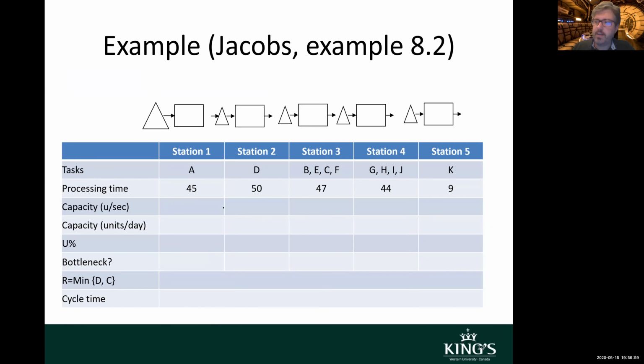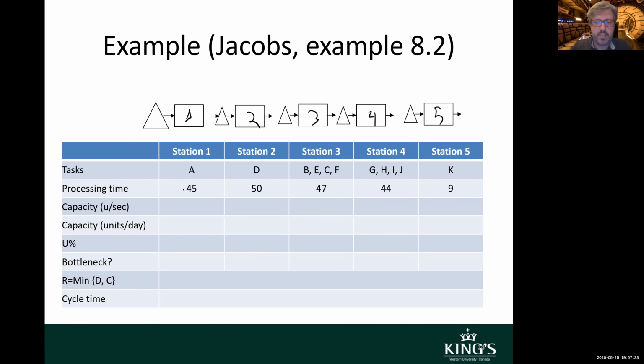That's crazy. So let's see if we can proceed with the same kind of process mapping that we had before and that we learned in the previous lecture. So how can we go about doing this? Well, now I have workstations 1, 2, 3, 4, and 5. And the average processing time of each workstation is as follows.